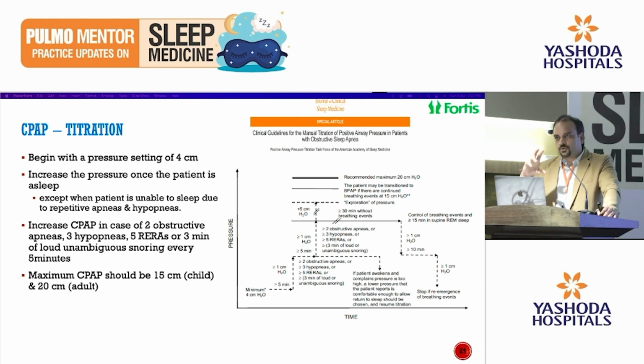Once you achieve the goal, then you need to maintain at that particular pressure for a minimum of 30 minutes and see that there are no further events during that titration, and whether REM sleep has also been included or not. Then you try to decrease the pressure a little bit and see if there is no further apnea. That is how you titrate your patient, and this schematic diagram has been given in the guidelines that you can all go and see.